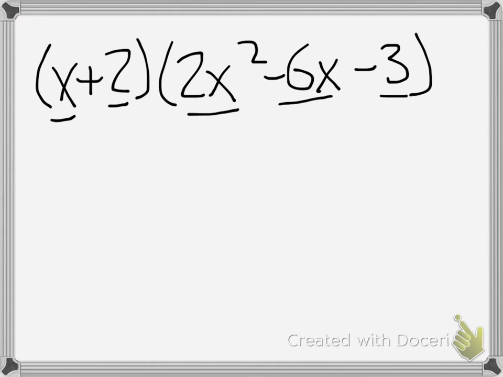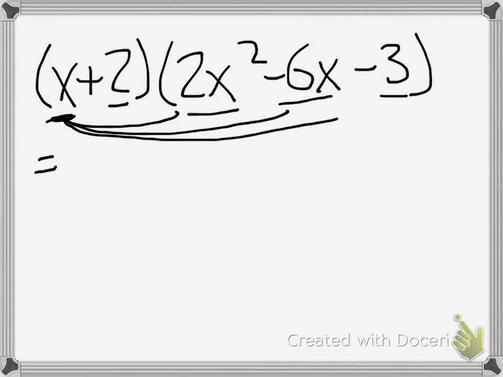I can think about x plus 2 times 2x squared and get 2 terms from that, and then x plus 2 times minus 6x and get 2 terms from that, and x plus 2 times minus 3. What I'm going to do, my favorite way of doing this, is I'll just multiply this x by each of these 3, and I'll multiply the 2 by each of those 3 terms. And if I line it up carefully, I'll get something that's a little bit easier to simplify than it would be.